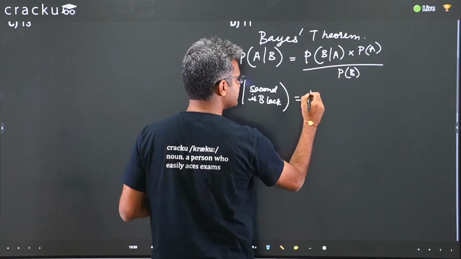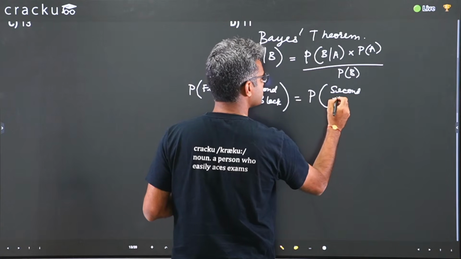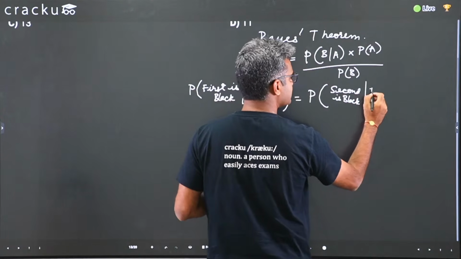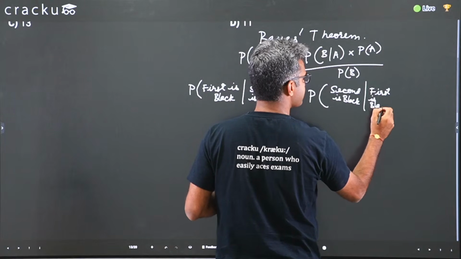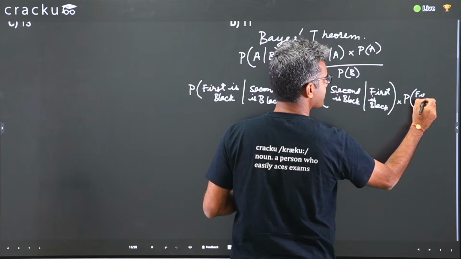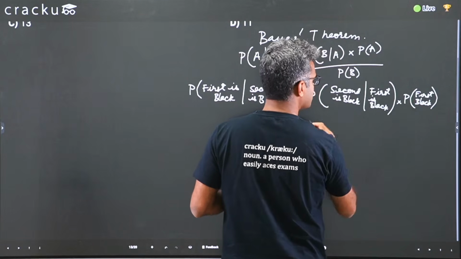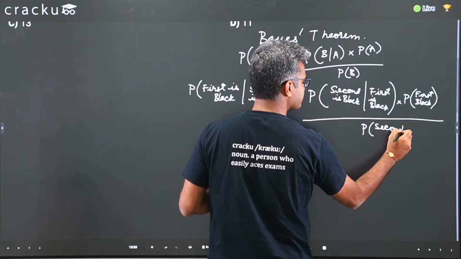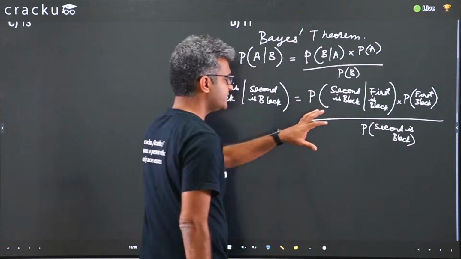This is probability that second is black given first is black, using Bayes' theorem, into probability that first is black divided by probability that second is black. What does all of this mean?